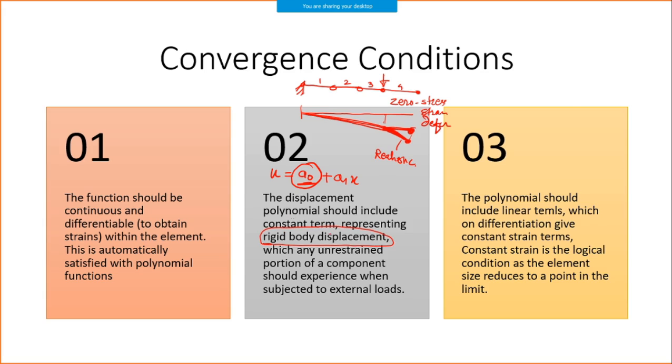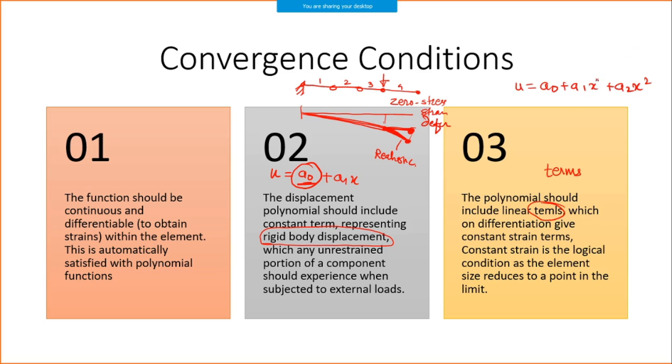Third, there should be a linear term. The polynomial will have u is equal to a0 plus a1x plus a2x square. Just imagine this is a quadratic.